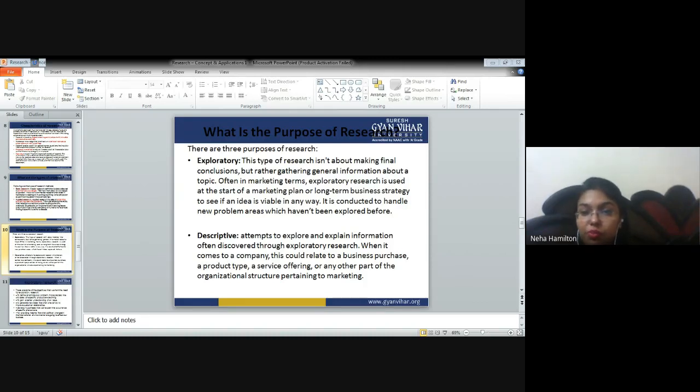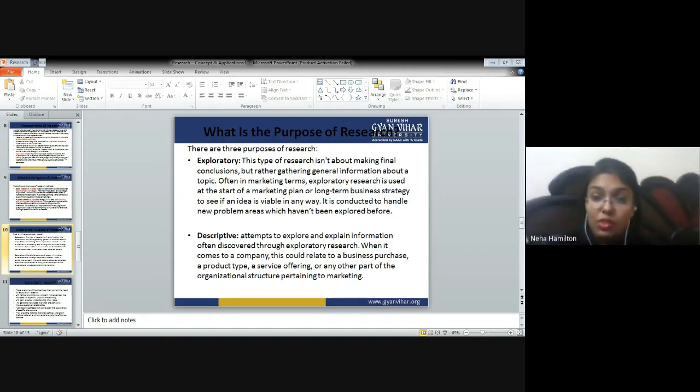That is the purpose of your research. And broadly, it is classified into three areas. The first is called exploratory research. The second is called descriptive research, and the third is called causal research. Right? There are three areas of research, or you can say there are three purposes of research which are being carried out.